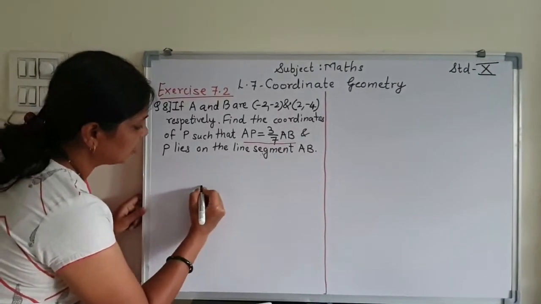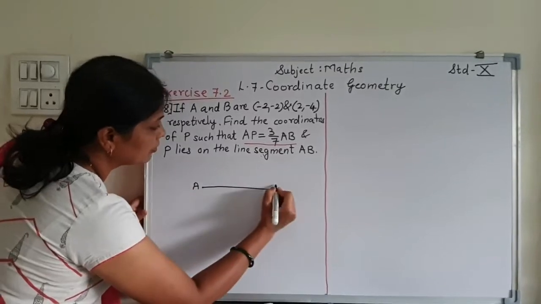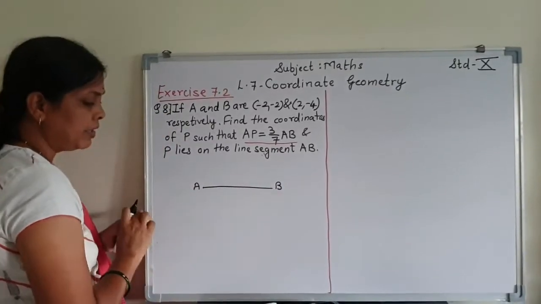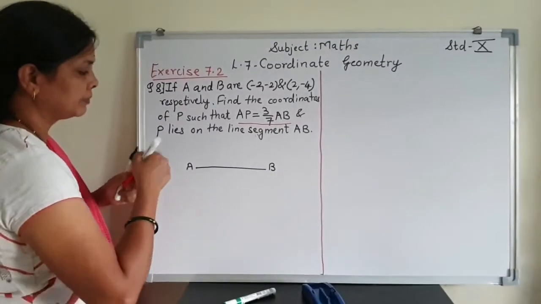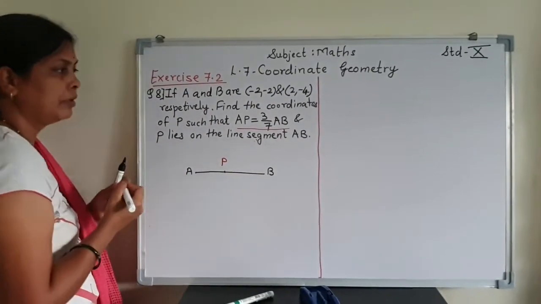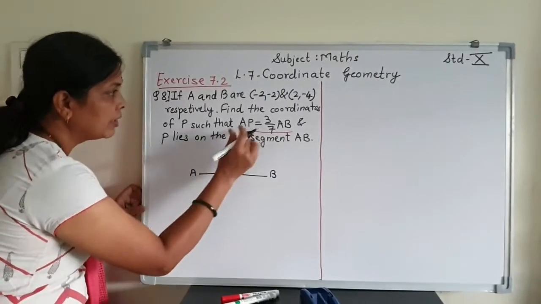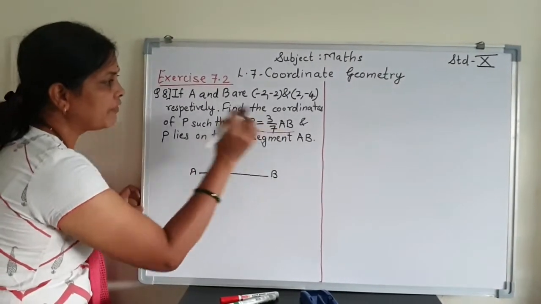So here, they have given that AB is a line segment and P is here, such that AP is 3/7 AB.